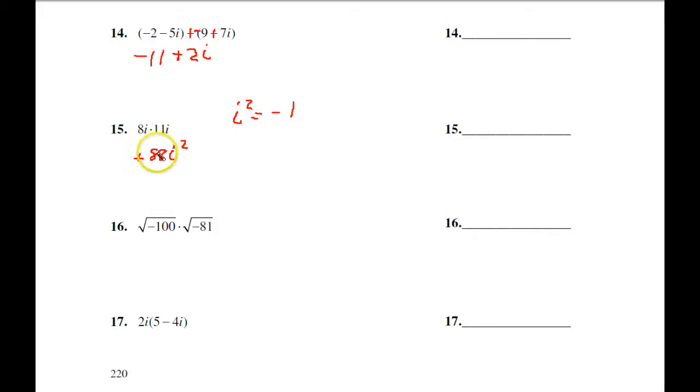So in an answer, you would never leave an i squared. You always have to plug in there a negative 1. So this becomes a negative 88. See, I was thinking ahead. Now, when you do this, watch what you have to do. For this first term, take out the i. And then now that's the square root of 100.